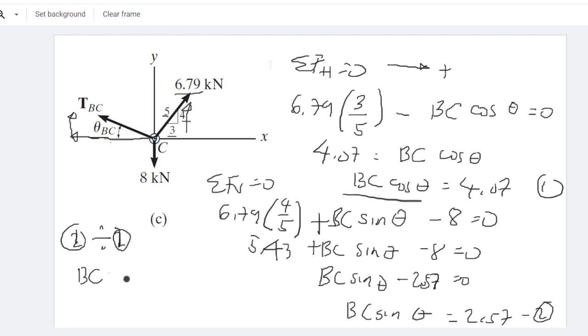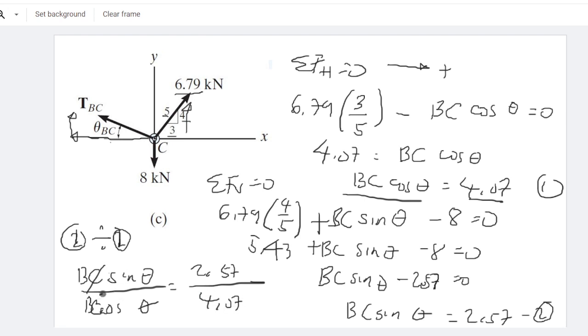So equation 2, sine theta over BC, and equation 1, cosine theta. BC sine theta is 2.57, and BC cosine theta is 4.07. BC and BC cancel out, so sine over cosine is tangent theta.